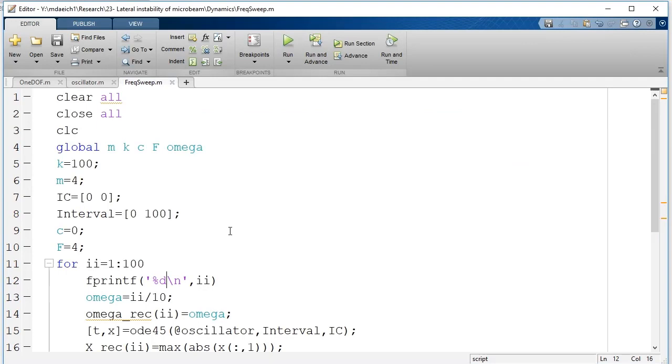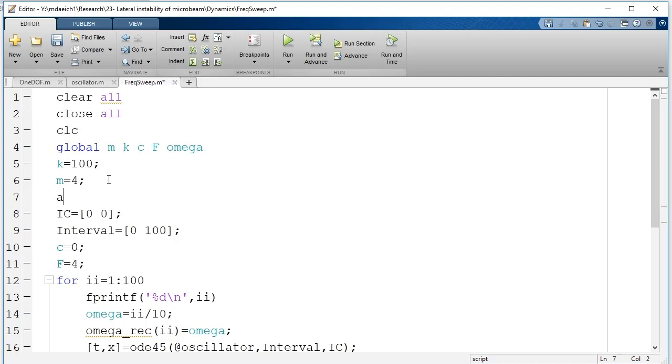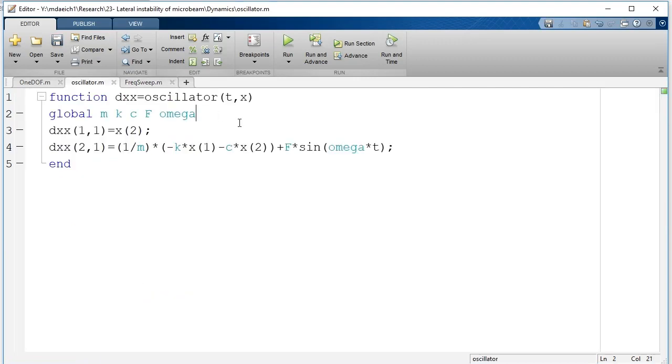So as an example, I can add a simple nonlinearity to this equation that we had. Let's say there is an alpha equal to 1, and here we also define alpha in the function. I want to just solve the equation that we had, but have a nonlinear spring. So we have to bring alpha here: minus alpha times x to the cube, x1.